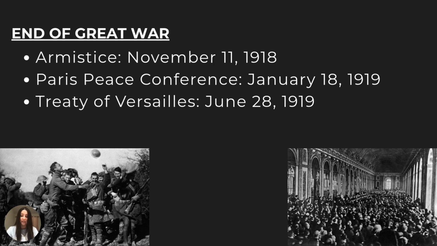The Treaty of Versailles was signed by Germany and the Allies on June 28, 1919, formally ending World War I. This treaty required Germany to pay financial reparations, to lose territory, to give up all their overseas colonies, as well as disarm their military. The Treaty of Versailles made Germany take full blame for World War I, which will then lead into what we will see with World War II.